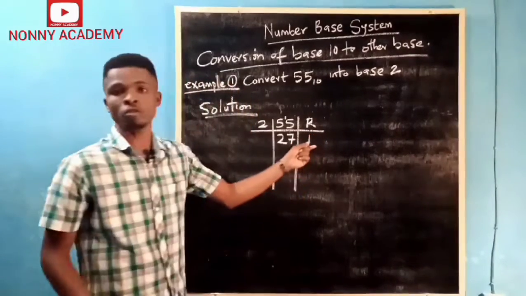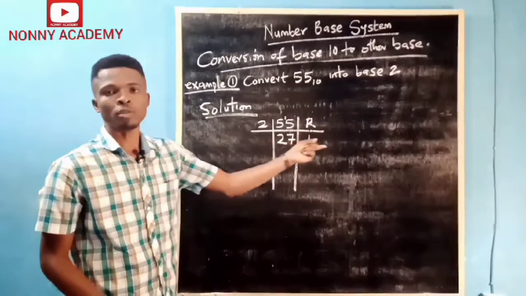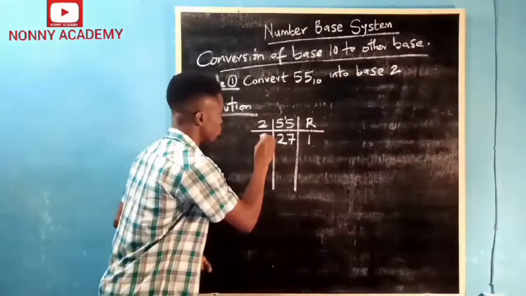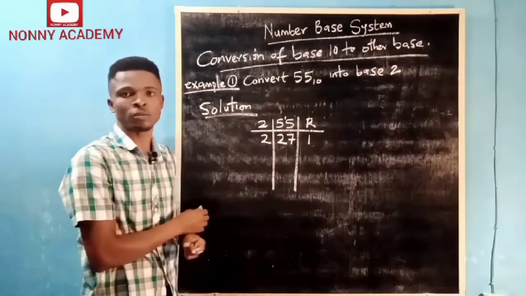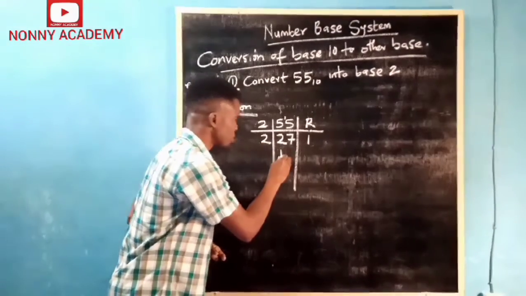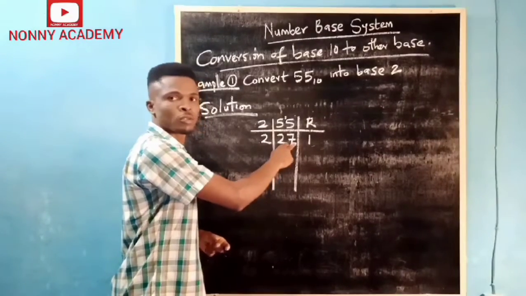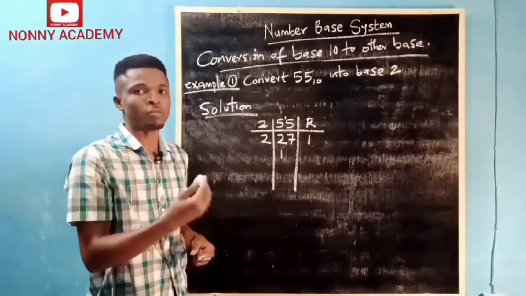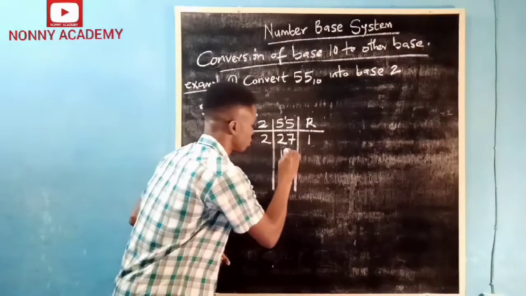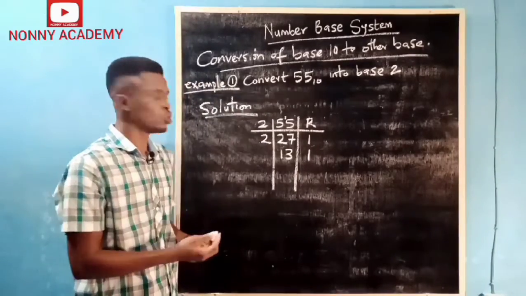I'll put the remainder here. This is 27, remainder 1. I will continue. Divide by 2 again. 2 in 2 is 1, remainder nothing. So 2 in 7 is 3, that is 6, remainder 1 to make it 7. 3, remainder 1.